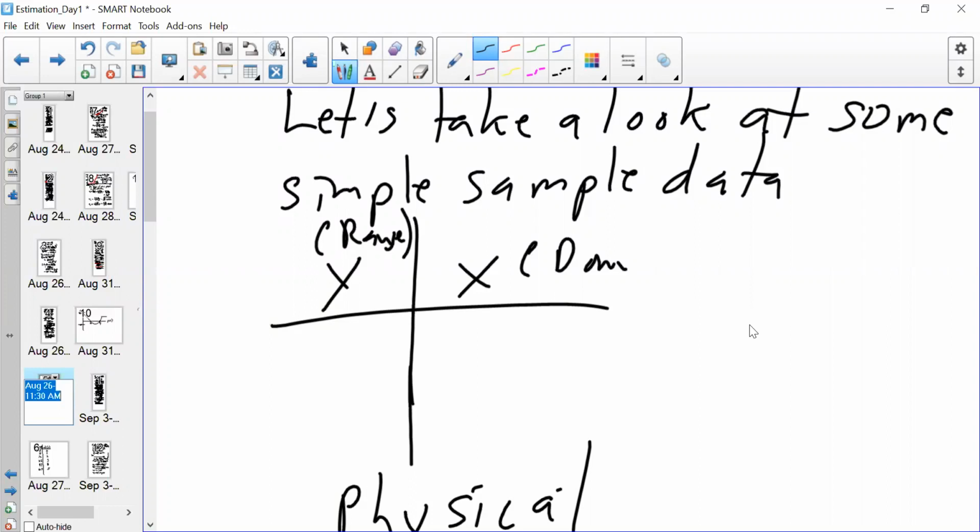Because time is going to be there for any type of data. So we just normally put time in the x-axis. It is, if you will, the universal independent variable. And that's always going to be in the x-axis.